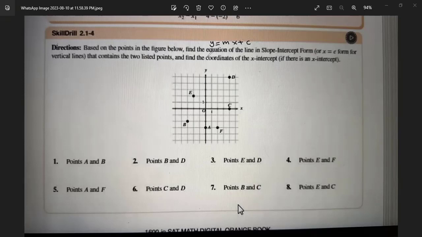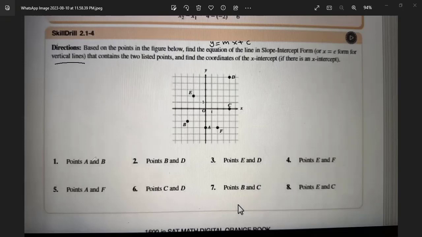Okay, general formula. Find the equation of the line in slope intercept form, or x equals c form for the vertical lines. He gives us some guides here that contain the two listed points.